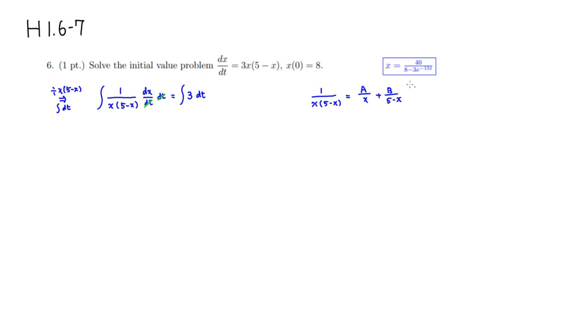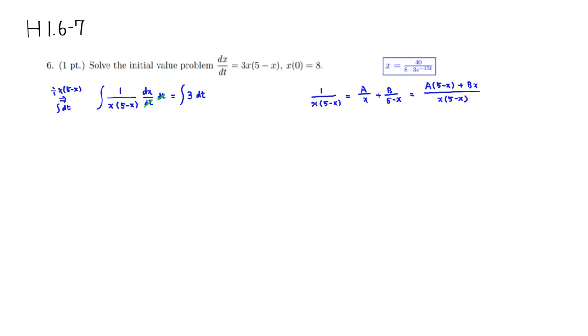We can put these together back into a single fraction by taking a common denominator. Since x is already there, we multiply a by 5 minus x, and b has 5 minus x already there, so we just multiply by x, so we have a times (5 minus x) plus bx.